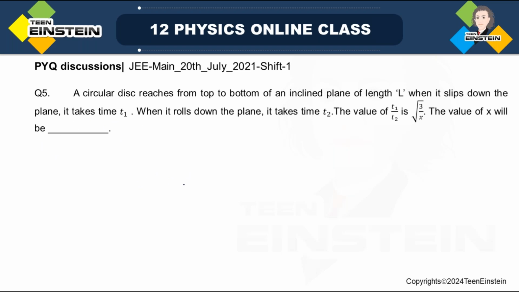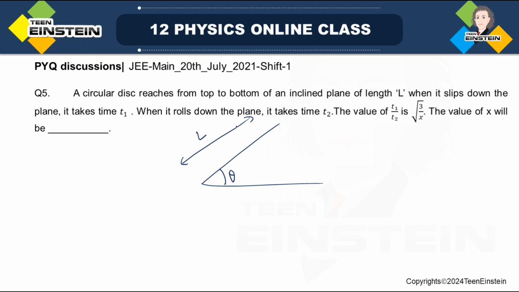Let me draw this inclined plane something like this. So this has got a certain angle with the horizontal, and this is the inclined plane, and it has got a length, capital L.